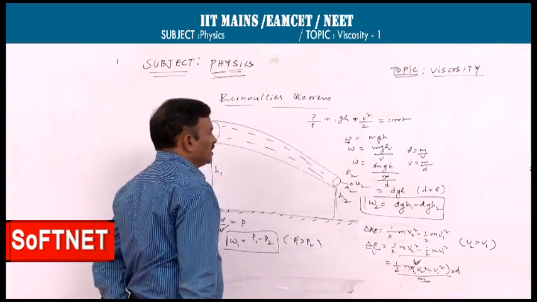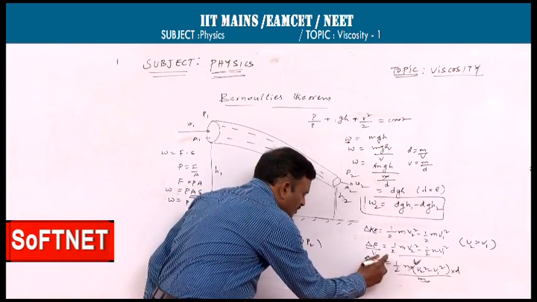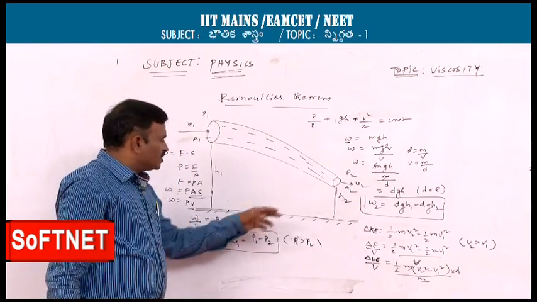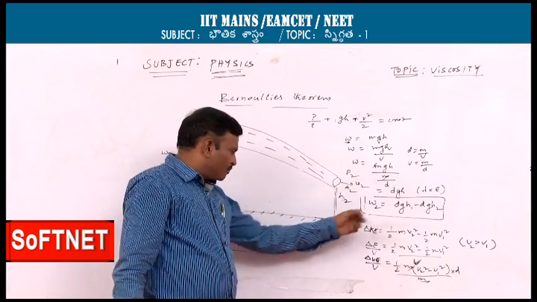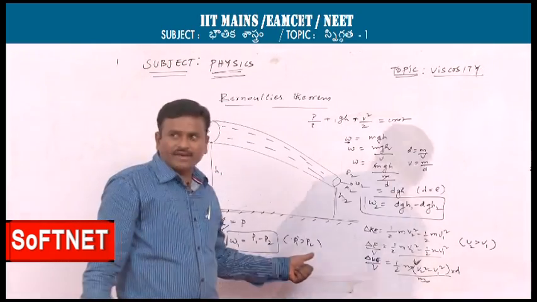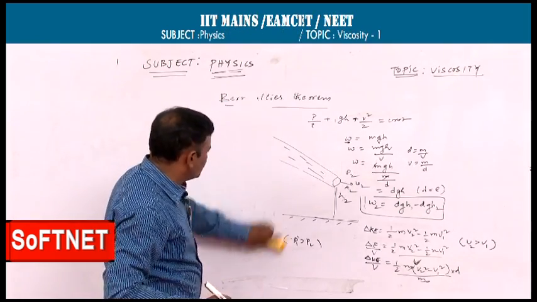So finally, we got the expressions for kinetic energy, potential energy per unit volume and pressure energy per unit volume. Fine. Let us take the work energy theorem.